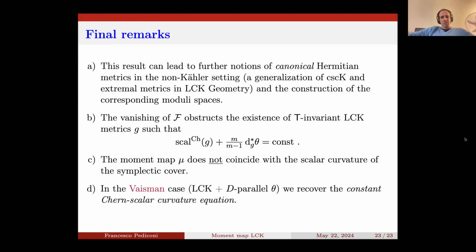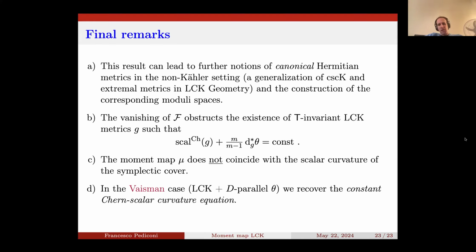So, an obvious question is: one of the most famous applications of all this business in the Kähler setting is, of course, to define the notion of K-stability.